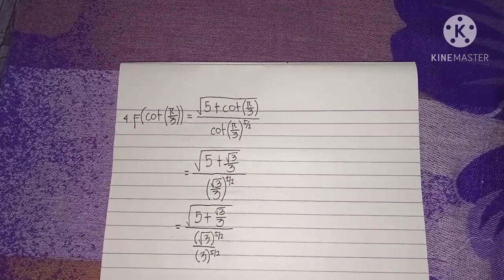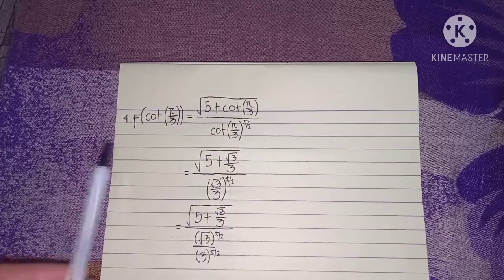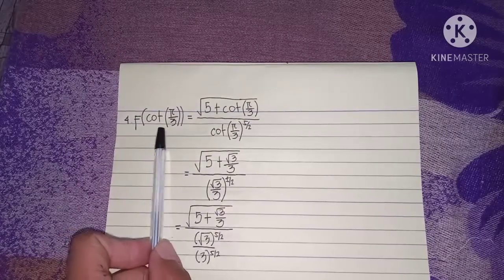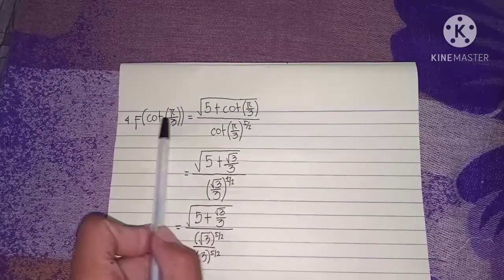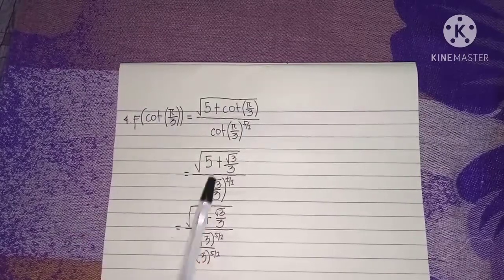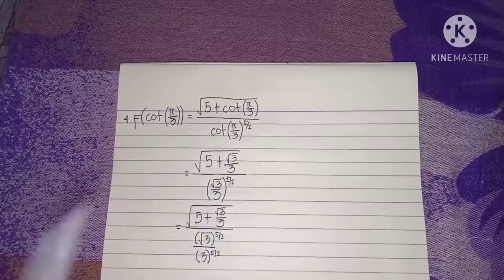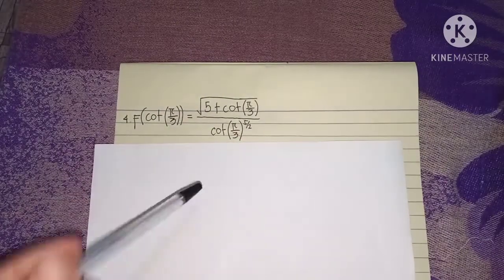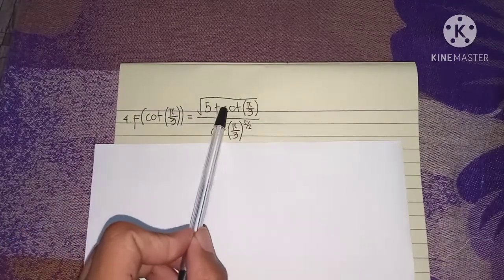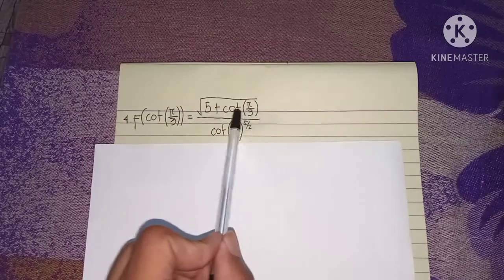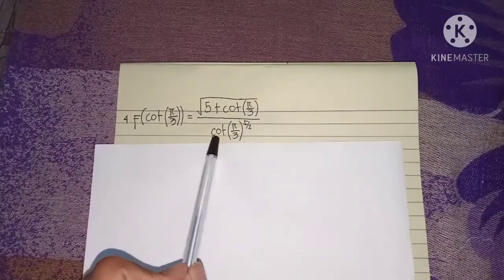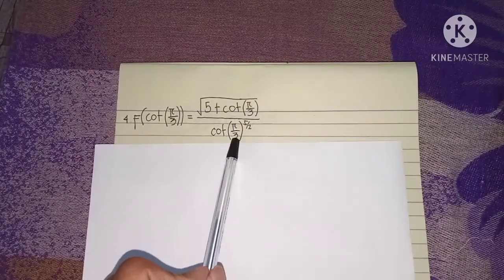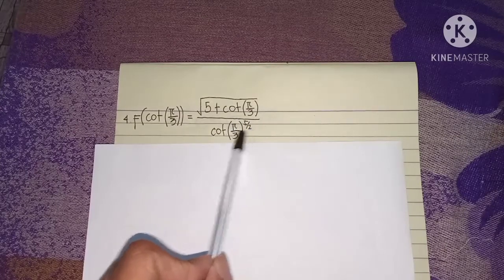So our last value in a given equation of a function is f of cotangent of pi over 3. So as usual, we will substitute it: square root of 5 plus cotangent of pi over 3 over cotangent of pi over 3, quantity 5/2.